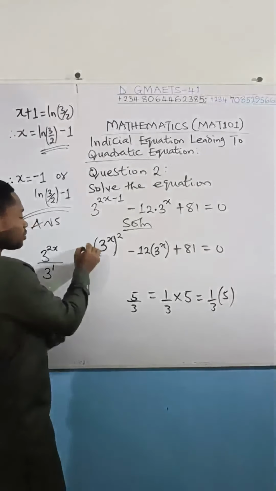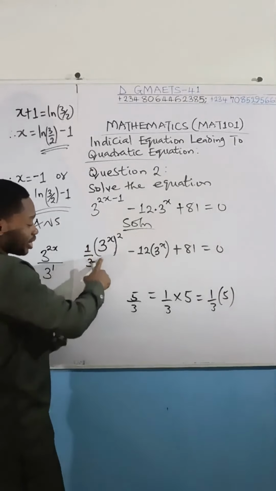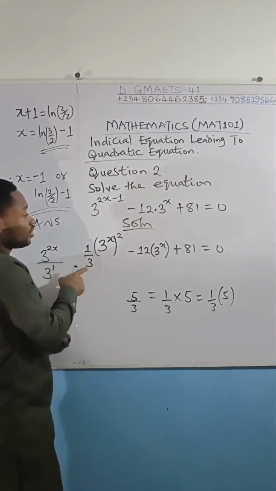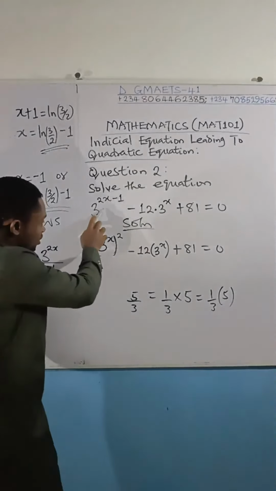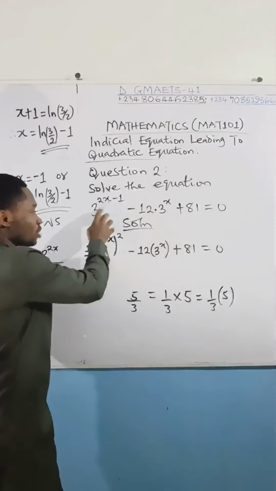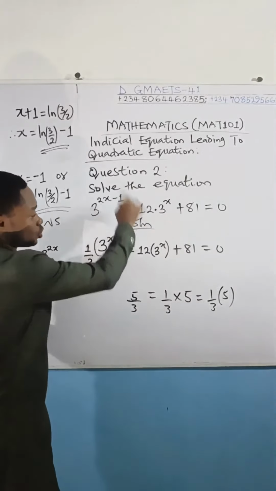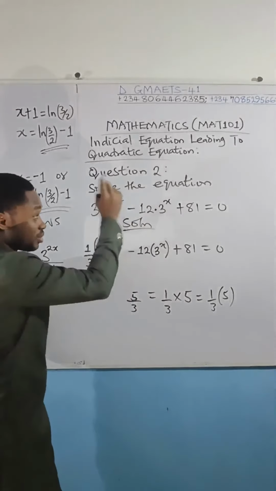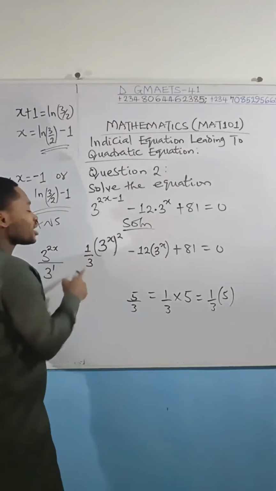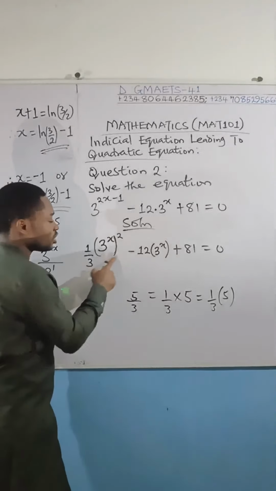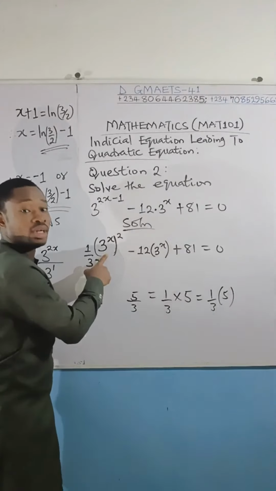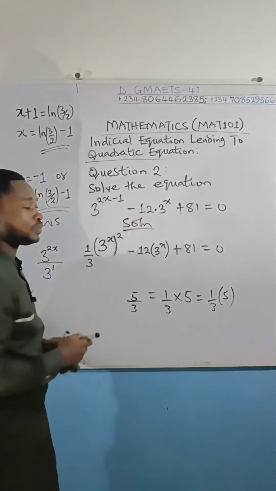This is actually something like 1 over 3 bracket this whole term. You see, 1 over 3. From the fact that this term you are seeing here is 3 raised to the power 2x times 3 raised to the power minus 1. And that 3 raised to the power minus 1, by the reciprocal law, I have told you is the same as 1 over 3. Look at it here. So that this 1 over 3 becomes a coefficient of this unknown term that is raised to power 2.